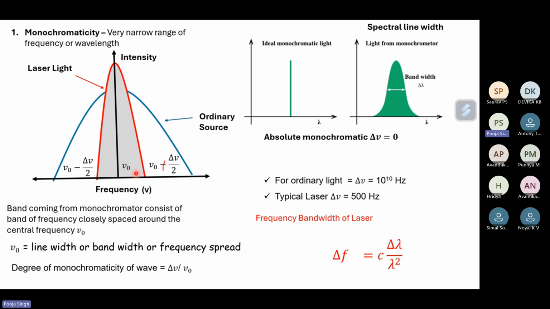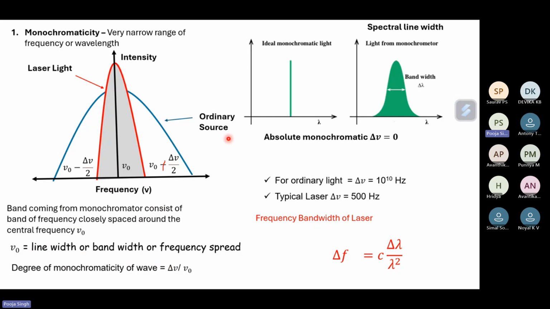Okay, now if you have to calculate the degree of monochromaticity for ideal monochromatic light, what will it be? Can anyone tell me?